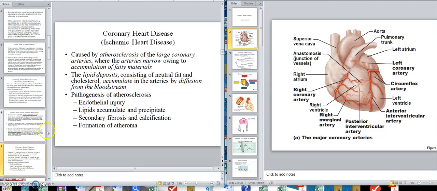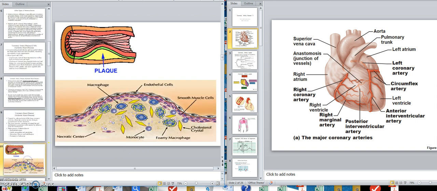Okay. So coronary artery disease, ischemic heart disease, is caused by atherosclerosis of large coronary arteries. Okay. And you can get this fatty buildup in there, these foam cells. The lipid deposits mess up the endothelial. The lipids can cause and precipitate. They can cause an atheroma. So here's a picture here to show you. Here's that plaque there.